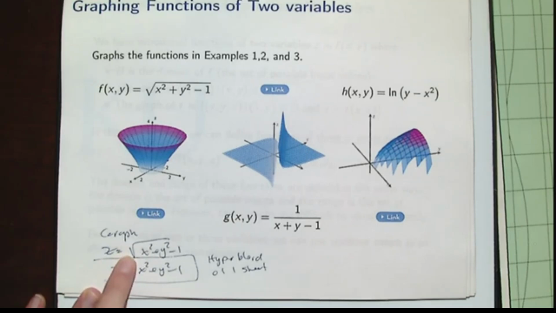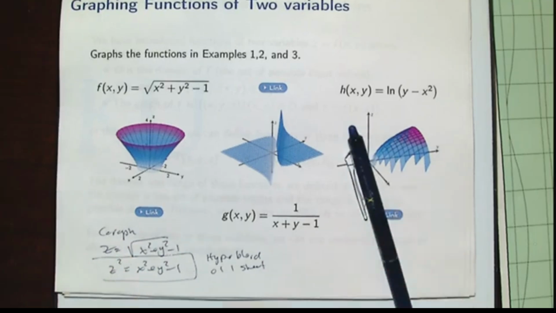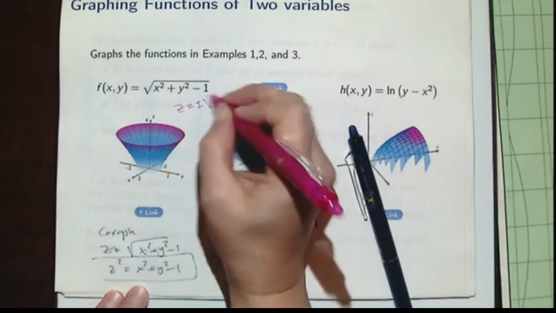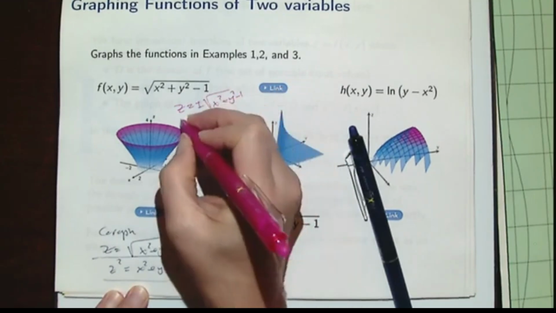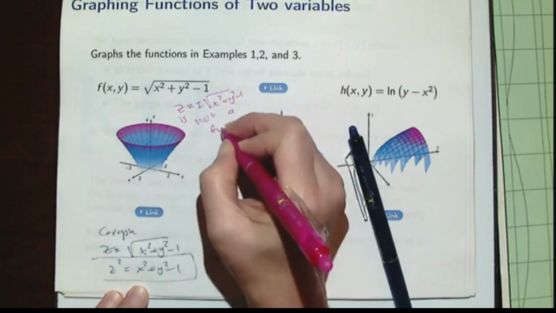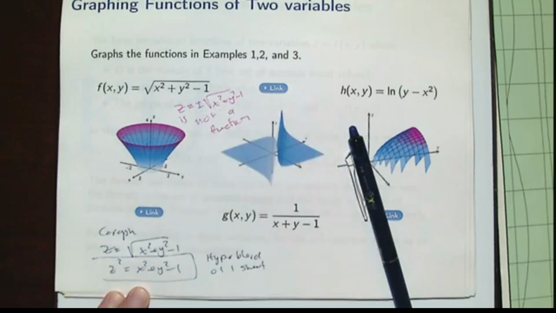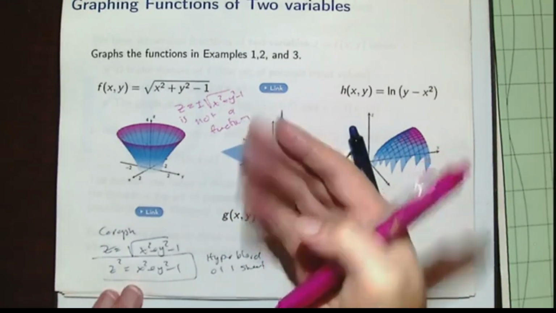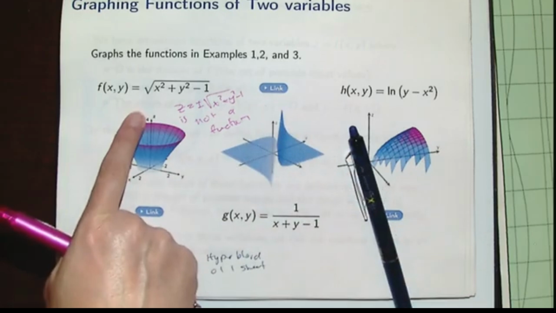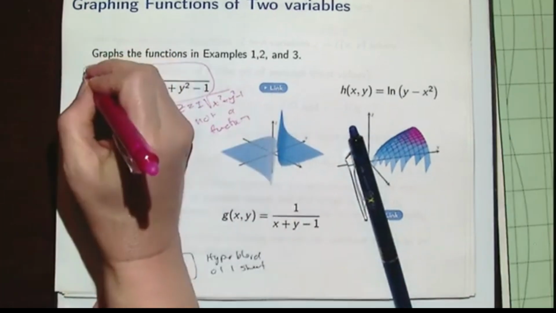But if I make z bigger than 0, which is this situation, this is a function.